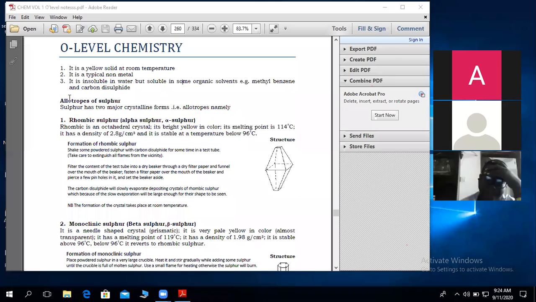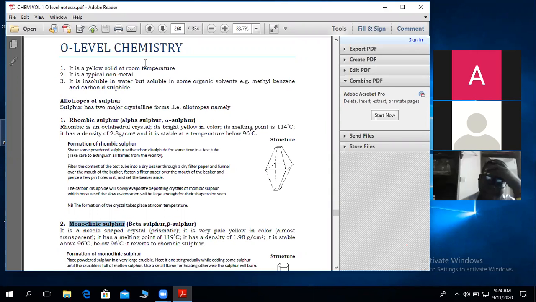The major or the main allotropes of sulfur are rhombic sulfur, take note of the spelling, and monoclinic sulfur. These are the two allotropes of sulfur. I'm going to say something very important that you must never forget.